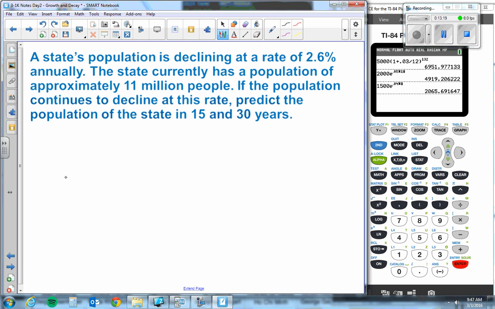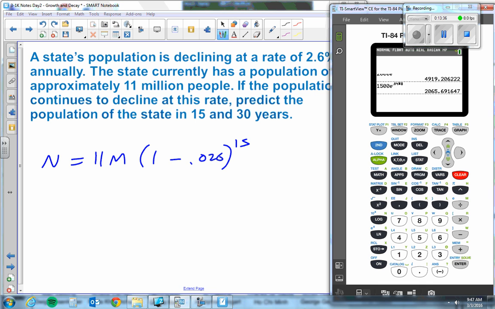All right, let's do this one. Is it growth or decay? Decay, because it's declining, all you have to do is read. But that means you're doing 1 minus 0.026. I want to do this a little bit differently. Rather than just type in the formula, I want you on the calculator to type in just 11 million for now. And then press enter.